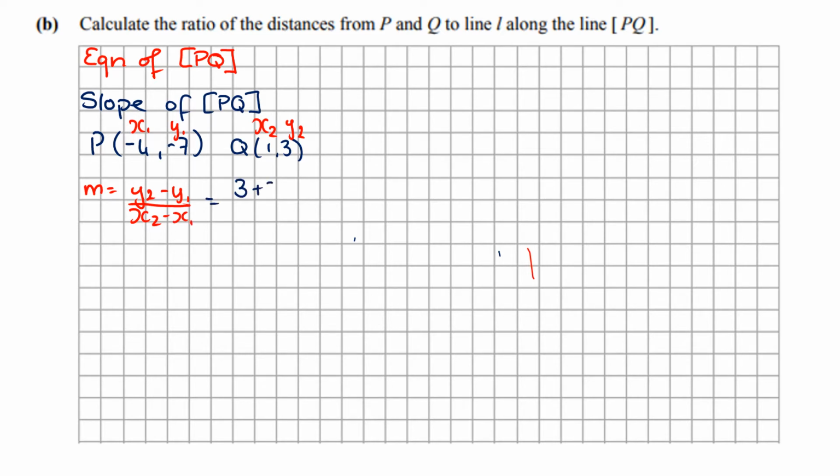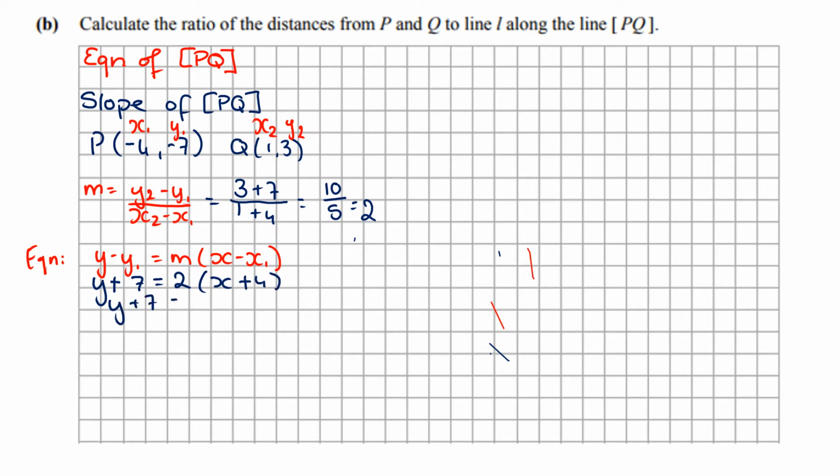So we get 3 plus 7 over 1 plus 4, and that simplifies to 10 over 5, which is 2. So then to actually get the equation, we have y minus y1 is equal to m bracket x minus x1. So again, this is coming from page 18. So we have y plus 7, I'm going to use our y1 from above, 2 times x plus 4, we get y plus 7 is equal to 2x plus 8. So y is equal to 2x plus 1.